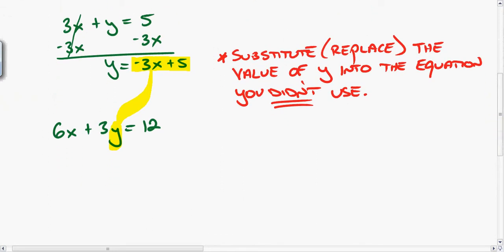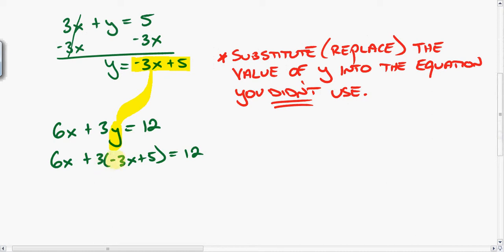So I'm going to rewrite this equation, and I'm going to say 6x plus 3, and instead of y, I'm going to write negative 3x plus 5, equals 12, because y equals that. If they're equal, you can swap them out, substitute them, replace them. So now notice, instead of having an x and a y, how many variables do I have? I only have x's. So I'll be able to solve this equation for x.